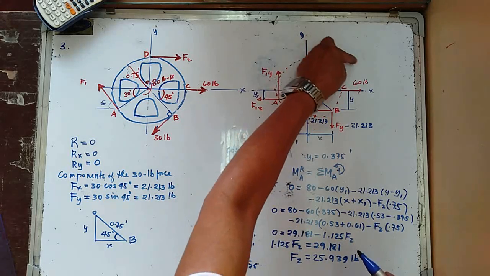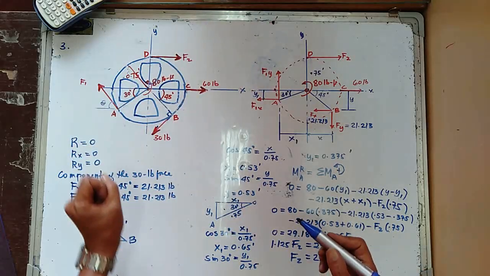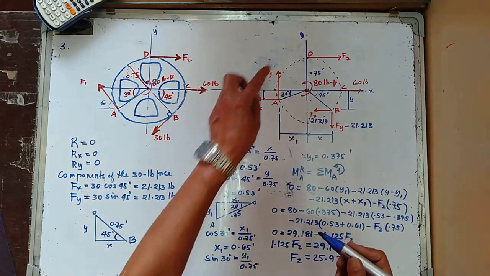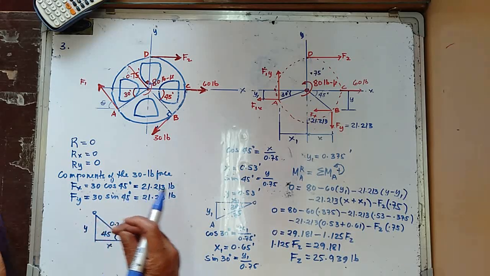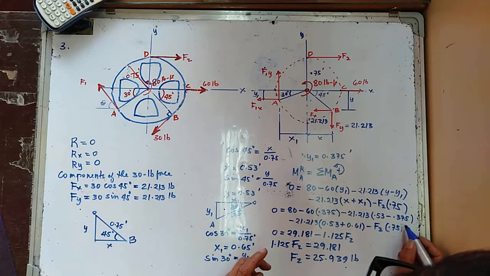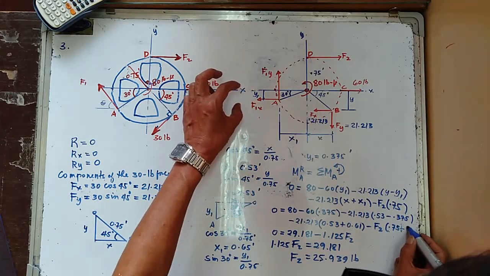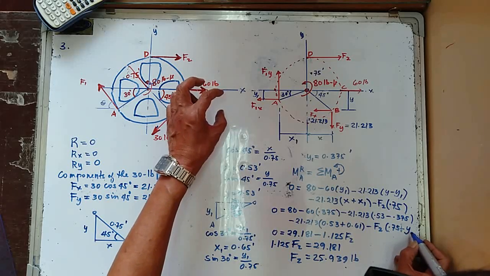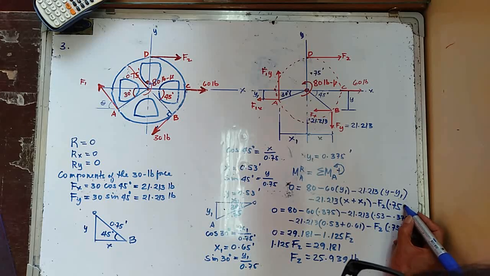Then minus F2, and the moment arm about point A is 0.75 plus y1.